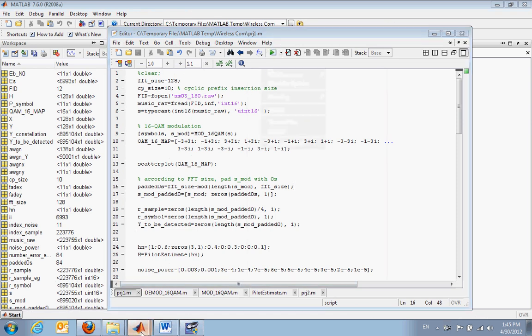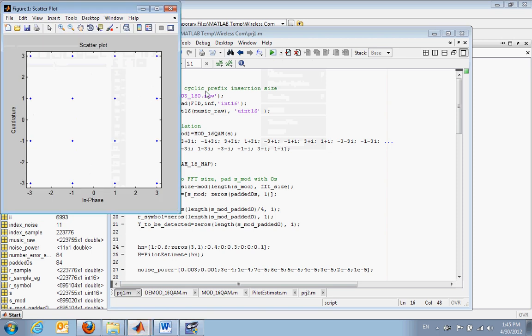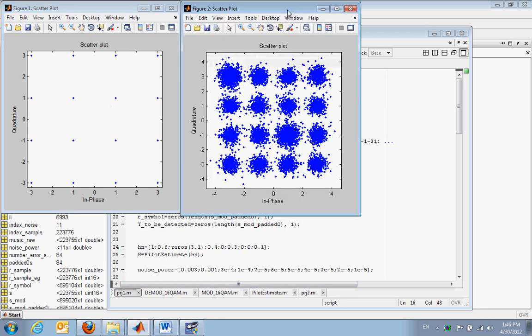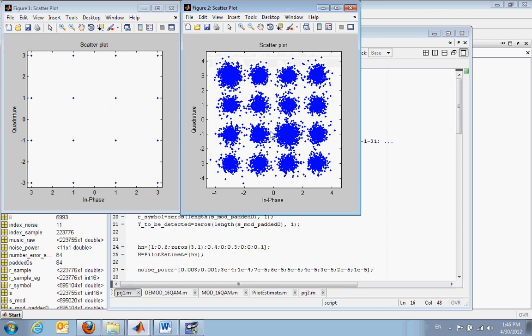Okay, the first thing I want to show you is the plot of the 16 QAM constellation at the transmitter with equal distance. We can see that the signal points are positioned perfectly at their coordinates. Here is a plot of the received signal constellation at the receiver.